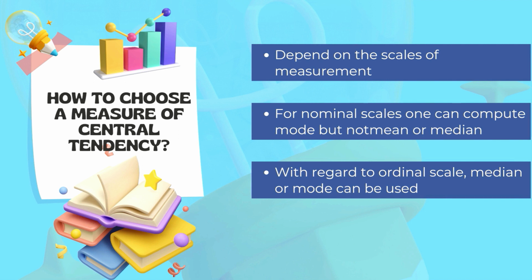Again, for ordinal scale we have two options, median and mode. You are aware of the different scales that we have discussed in previous sessions: nominal, ordinal, interval and ratio. You can understand the nature of the ordinal scale: it talks about data in order, like rank number 1, rank number 2, rank number 3.